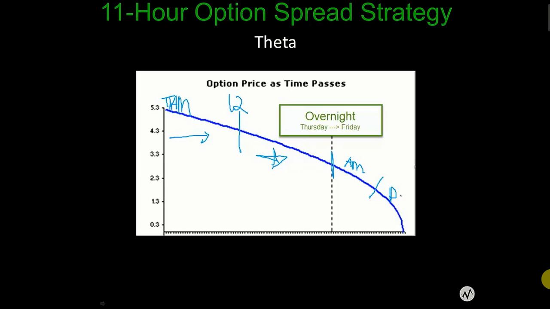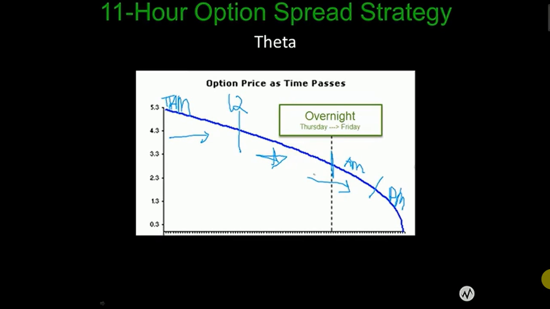So right here, the transition between Thursday and Friday, that's when a good amount of theta is lost. So the value of the option actually decreases a lot. That's important because it's something that we sold. I don't want to get into that specific, but it's going our way. If the stock behaves like it's supposed to, it'll drop a lot.